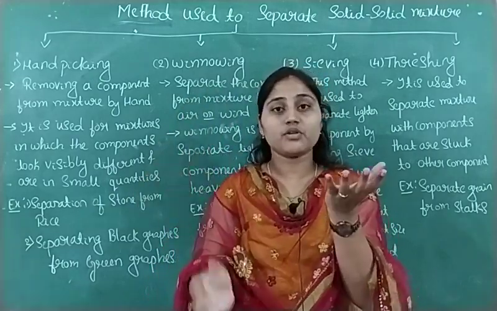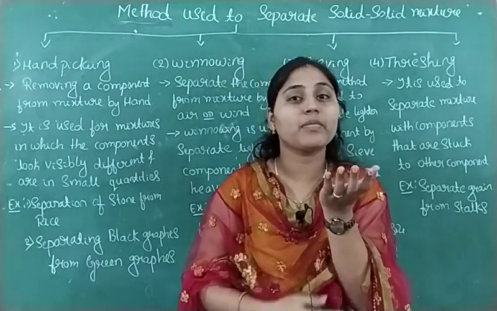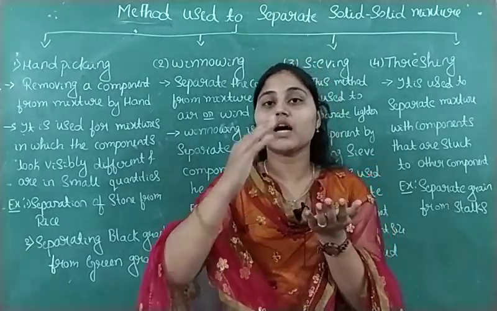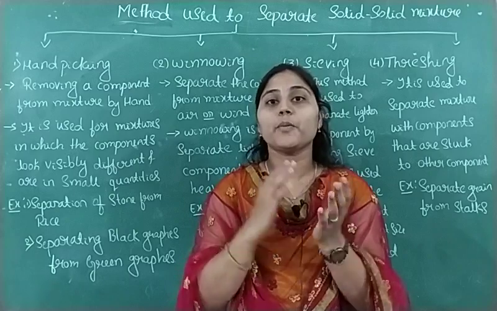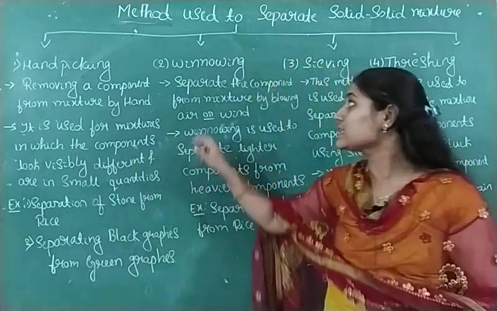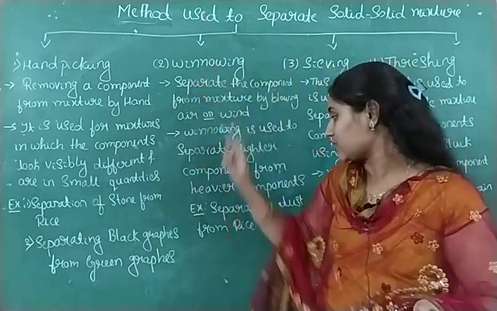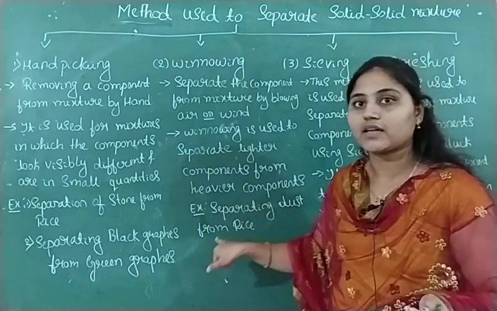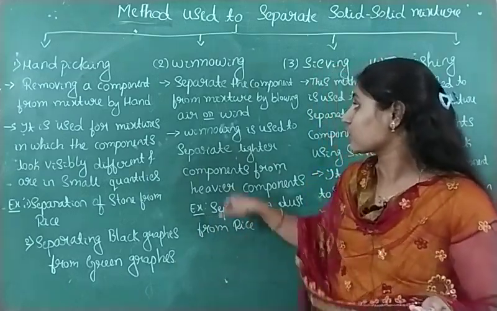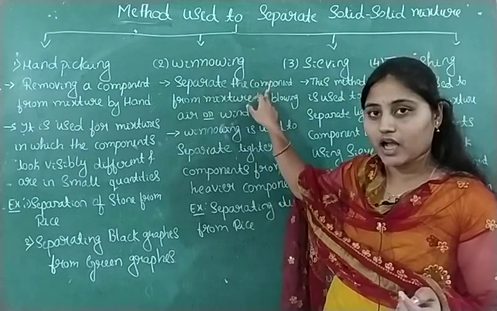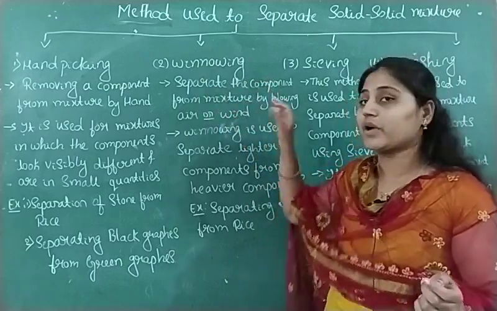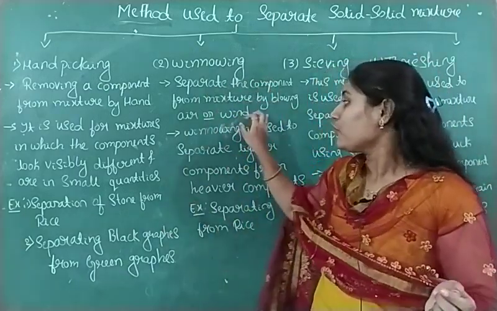We can use the air, by blowing the air we can remove the dust from the mixture, that we call the winnowing method. What is the example? Separating the dust from the rice. What is the definition? Separating the component from a mixture by blowing air or wind.